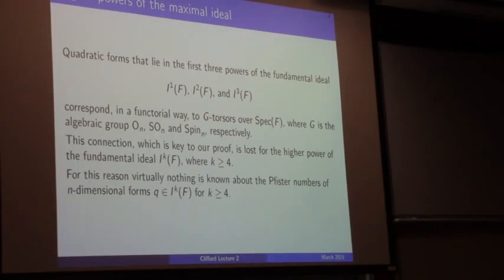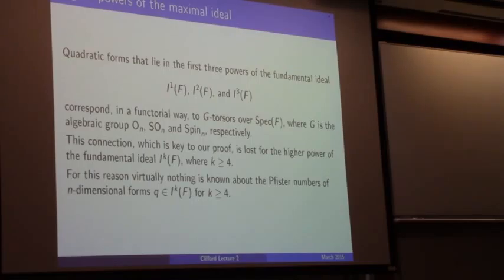Milnor's conjecture says precisely that there is this invariant from I^k F, the kth power of the fundamental ideal, to H^k, so that the kernel is I^(k+1).